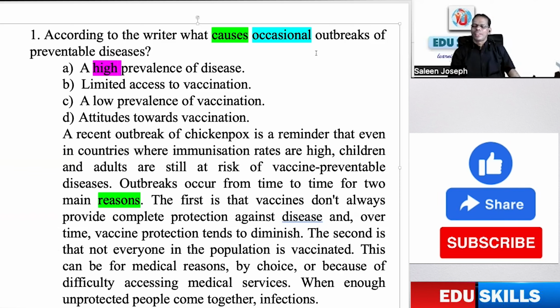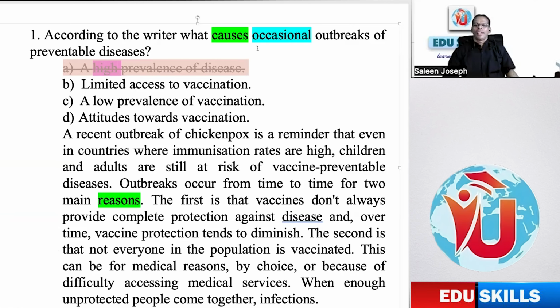Occasional means sometimes there is an outbreak of preventable diseases. So this is the opposite, right? Did you understand? High prevalence, occasional outbreaks. This one says high prevalence of disease, while here it says occasional outbreaks of disease. So occasional is the opposite of high, or you can say it is not the same. If you use a scale: high, then occasional, sometimes, always, sometimes.